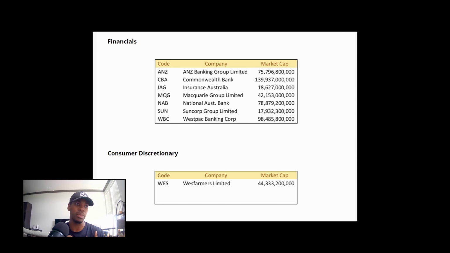Okay. Shanene then compares the companies in the sector to each other and to the sector itself for clues as to which company may be undervalued. Okay. So after looking at the data, Shanene decides that the company that seemed to be undervalued was ANZ.